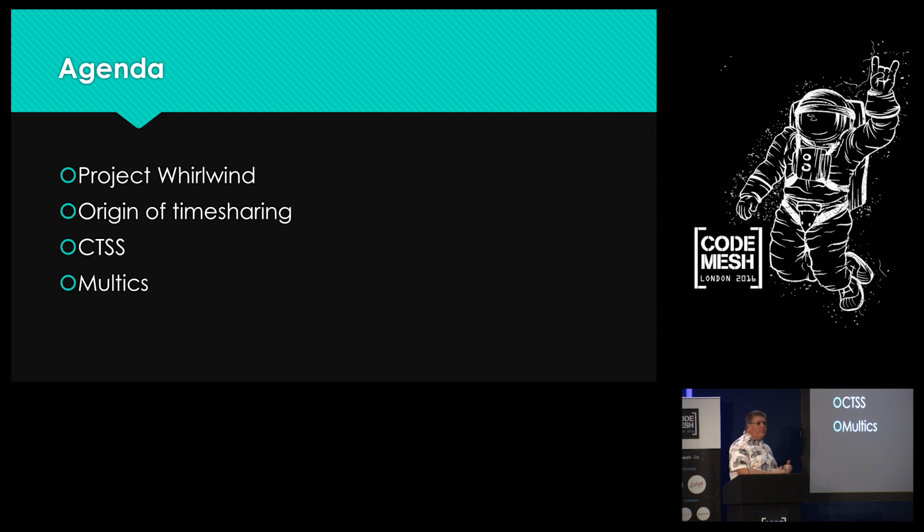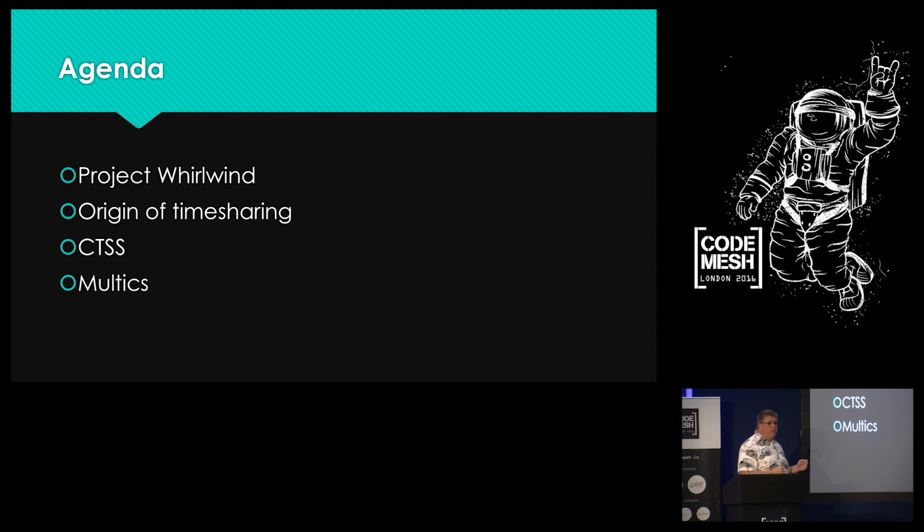Next, I want to talk about the origins of timesharing. This is a quick sketch history of who came up with the concepts and how they came to be popularized, and we're going to dig into that quite a bit. Then we're going to see our hero protagonist appear, a man named Fernando Corbató. We're going to talk about him quite a bit today.